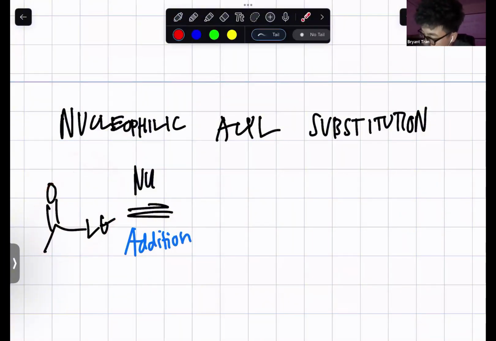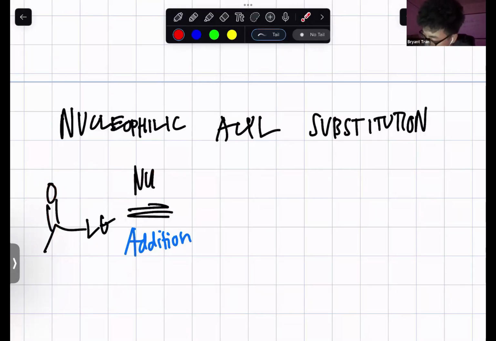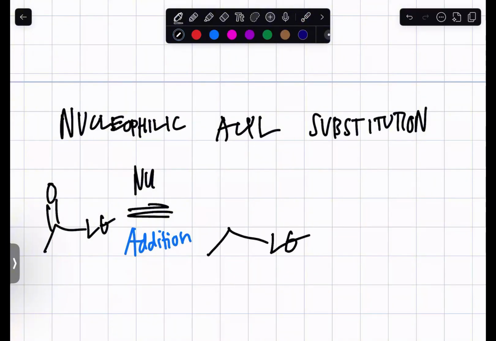Right? And let's say the nucleophile here attacks the carbonyl carbon, pushes the double bond onto the oxygen. What charge would this oxygen have if a nucleophile attacks this carbon and this double bond pushes onto that oxygen right there? Wasn't it a negative? A negative charge, right?